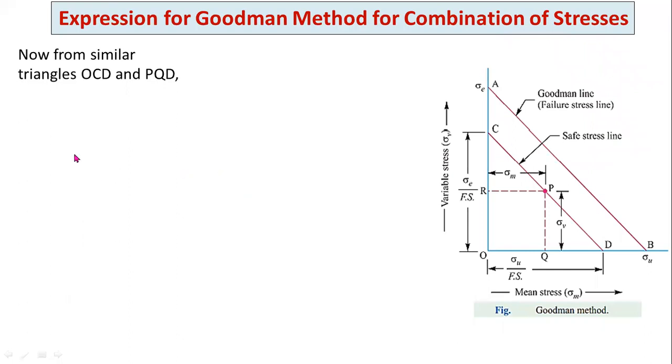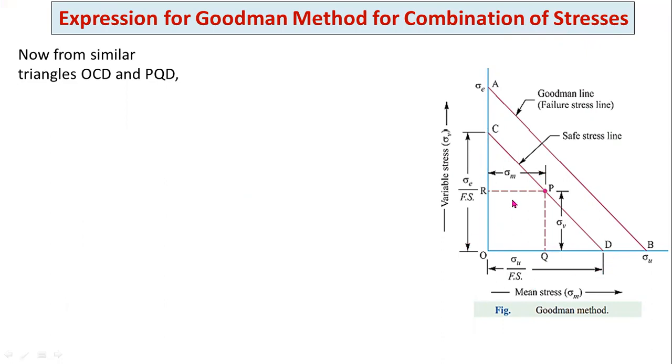For deriving Goodman's equation, first of all you have to consider similar triangles from this graph. CD is the safe stress line, that's why I am considering only the CD line.